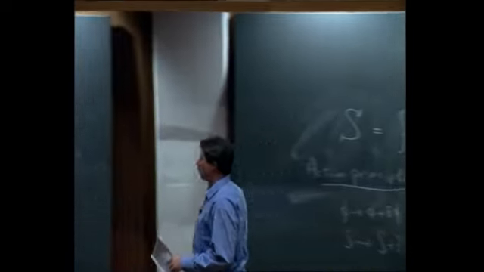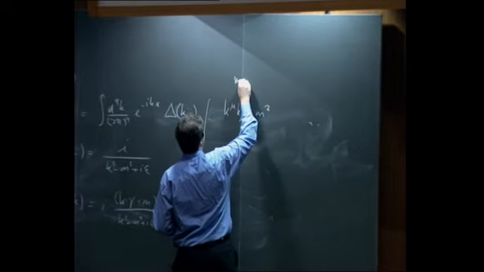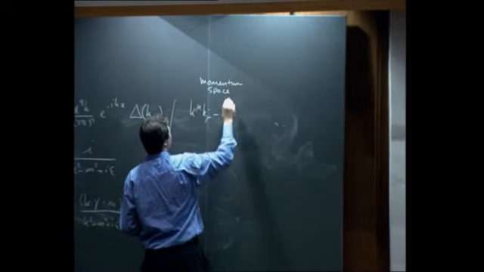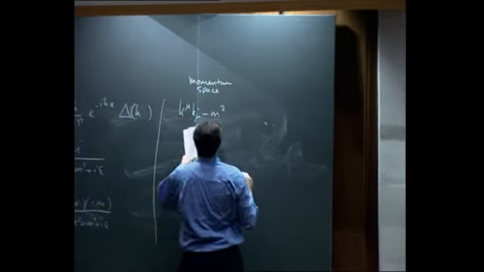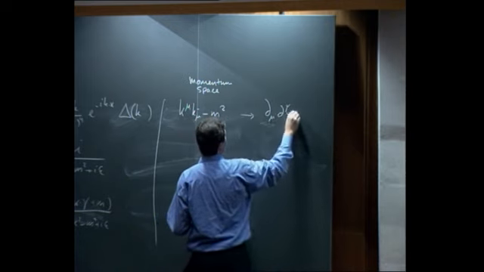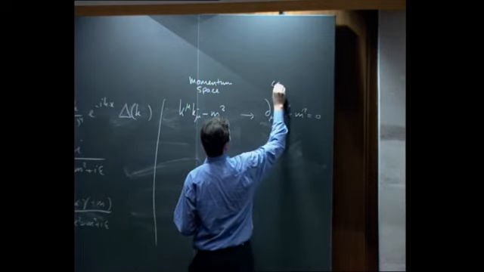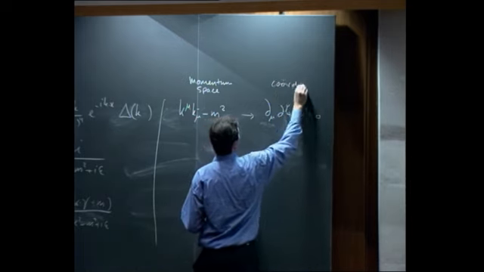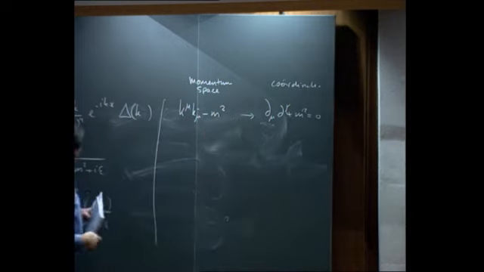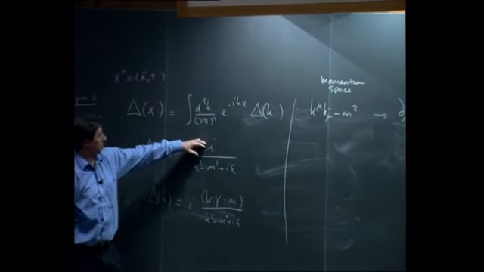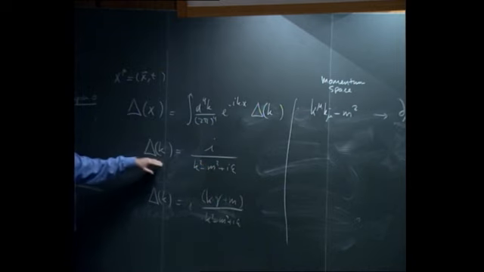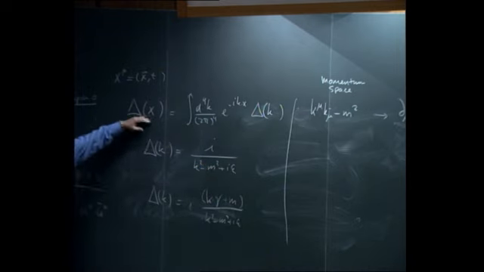So there's a relation between this in momentum space and the kinetic operator, d mu squared plus m squared, in coordinate space. And this actually is the inverse, because we write it like 1 over k squared plus m squared. So this operator actually is the inverse of the kinetic operator.